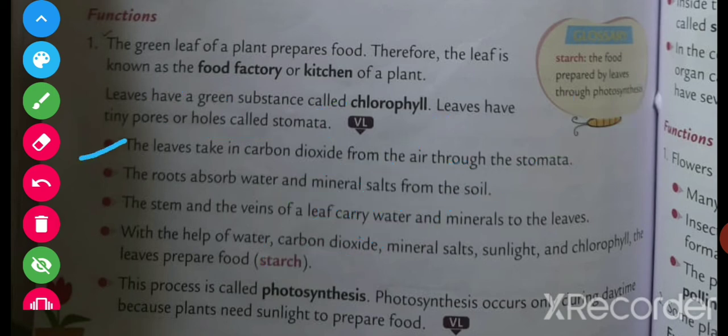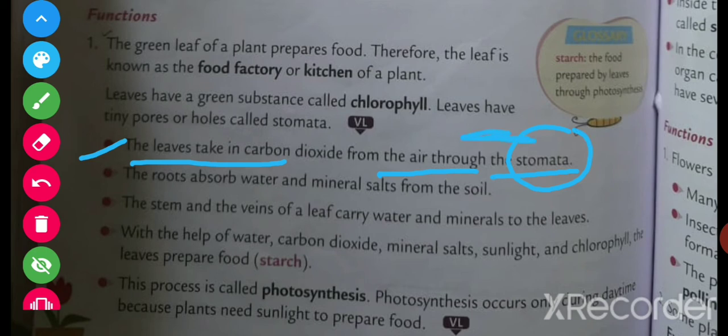Next, the leaves take in carbon dioxide from the air through the stomata. Leaves take in carbon dioxide from the air with the help of stomata. All leaves have stomata.